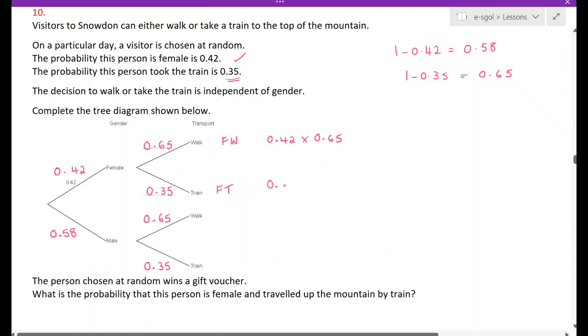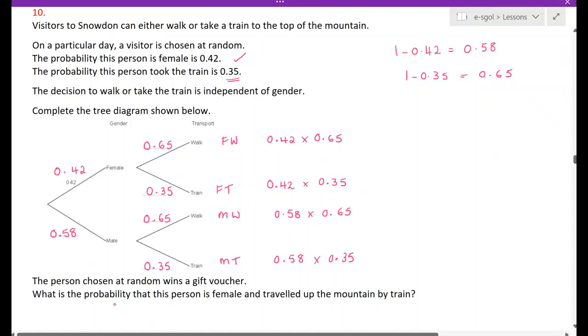So that would be 0.42 multiplied by 0.35. The chance of being male and walking is 0.58 multiplied by 0.65. And male and catching the train is 0.58 multiplied by 0.35. And you don't have to work all those probabilities out. That's just showing you where they've come from. But really, you only have to do the ones that it asks you for in the question.